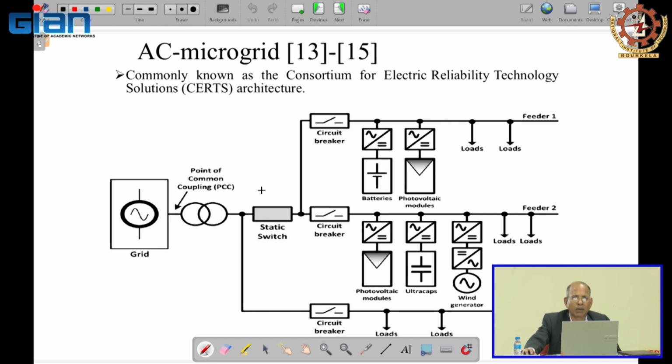I will give you an example. For example, in a hospital, your system has to be very reliable. How can you make it so? You can get the power to the hospital from two or three different feeders, two or three different sources.